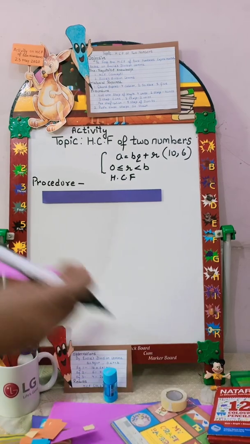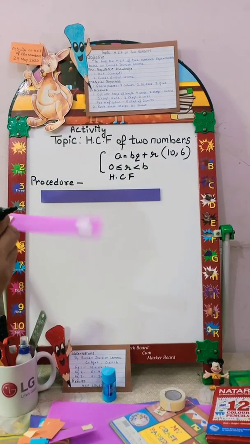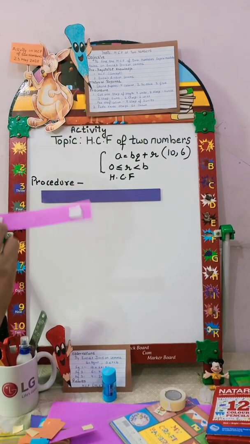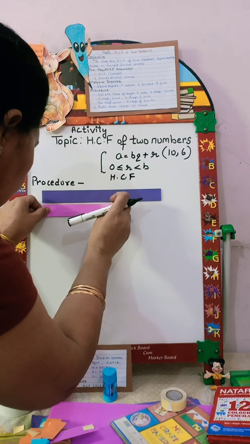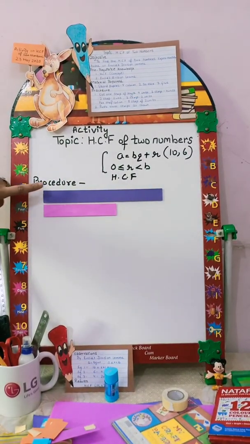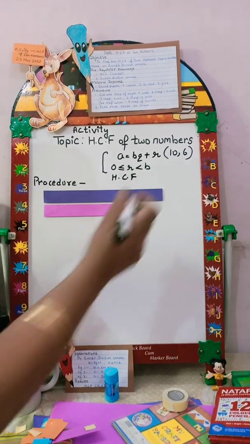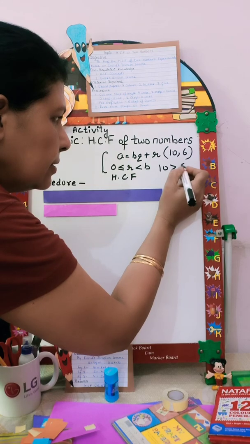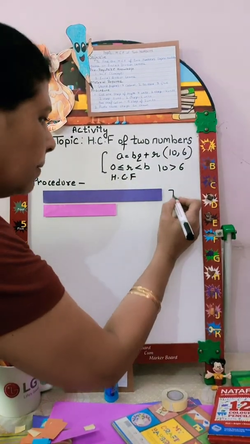Now I am taking a 6 centimeter strip, which I already cut out for you, and pasting it like this. My 10 centimeter strip is longer than the 6 centimeter strip because 10 is greater than 6. This is my figure number 1.